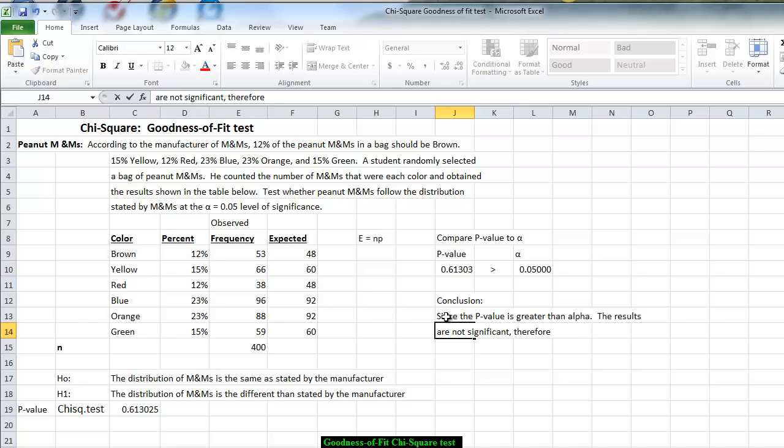Therefore, we do not reject the null hypothesis, which means we believe that the percent distribution of the colors of the peanut M&Ms are as stated by the manufacturer.